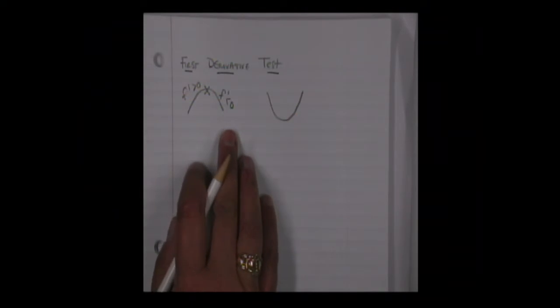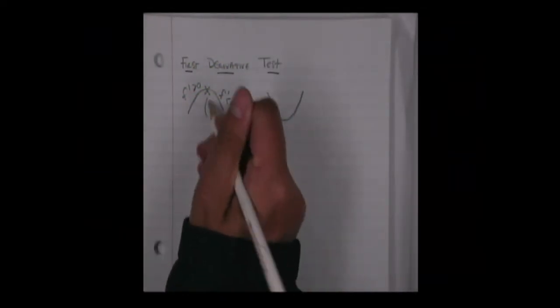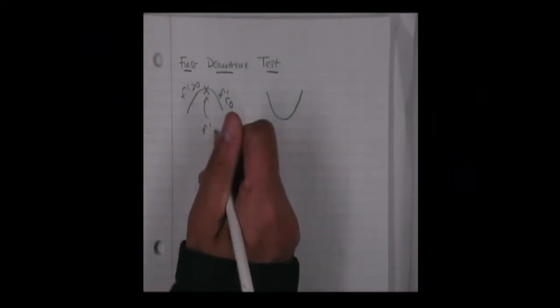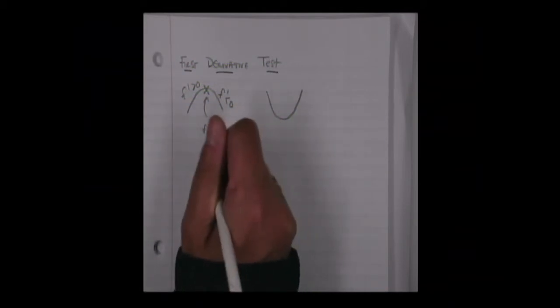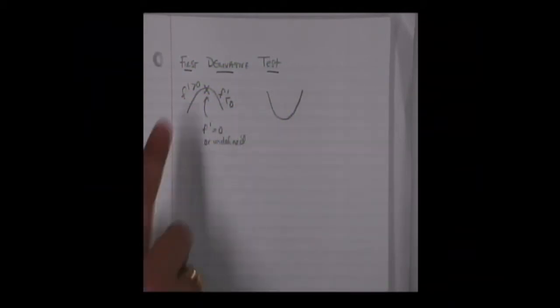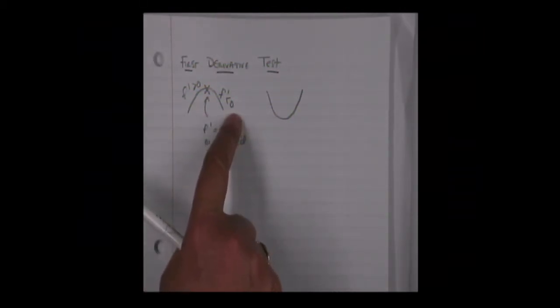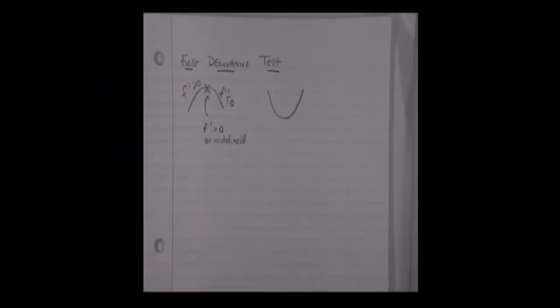That actually is what the first derivative test says, and we'll write it in words. What it says is if you have a critical point, so a place where f prime equals 0 or is undefined, and you get this change from f prime being positive to f prime being negative, you have a maximum.